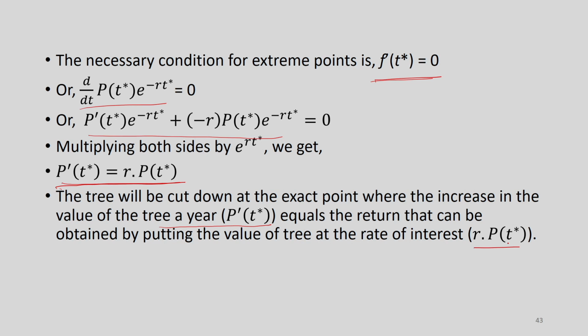R multiplied by P of t star is the return from the rate of interest, where P of t star is the current value of the tree, whereas P dash t star is the change in the value of the tree when t changes by a little. These two things, the left hand side and the right hand side, should be equal.